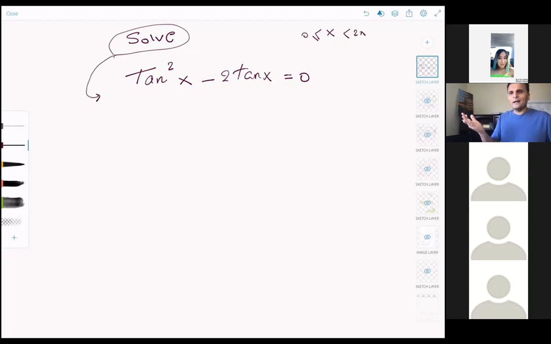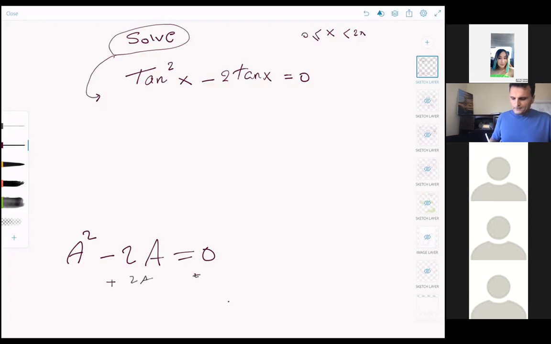We have only tangents, but we have degree 2. What do we do if the question was a squared minus 2a equal to 0? How do we solve for a? Plus 2a. Well, plus 2a, nothing is wrong.